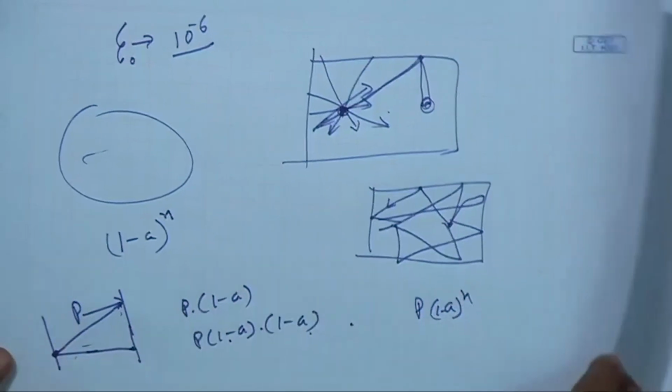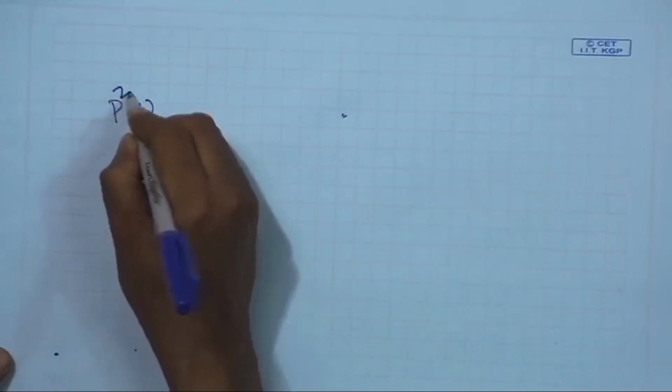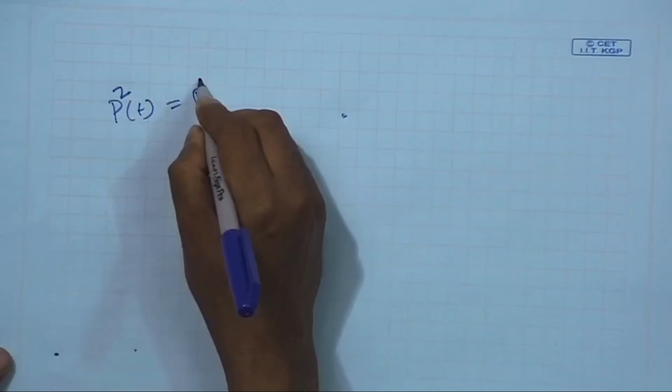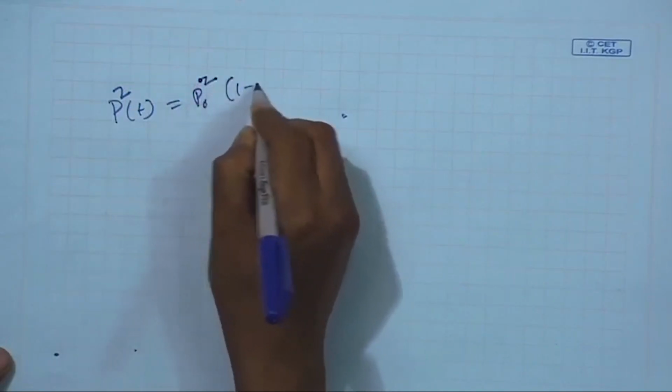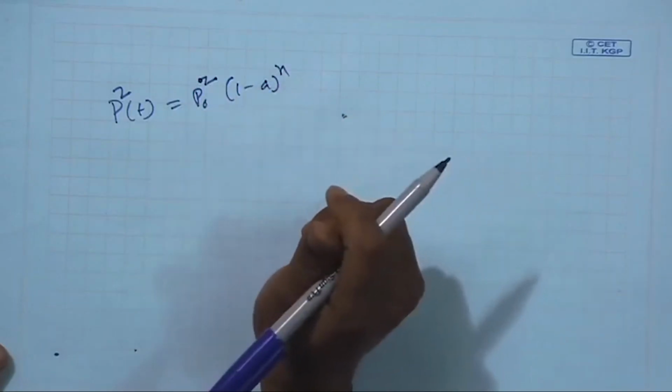Okay. So, after n reflections, what is P square t? P square t is nothing but P 0, which is the initial power squared, into 1 minus A to the power n.